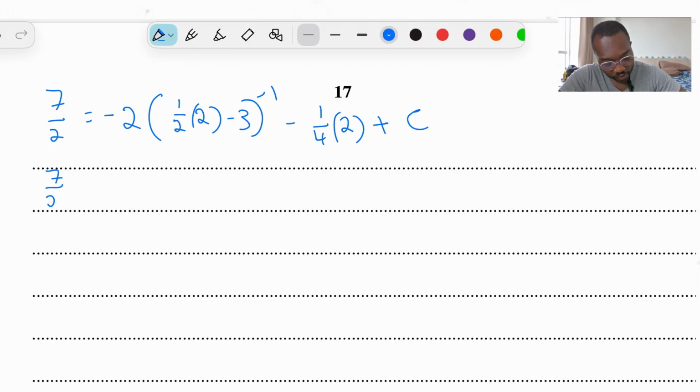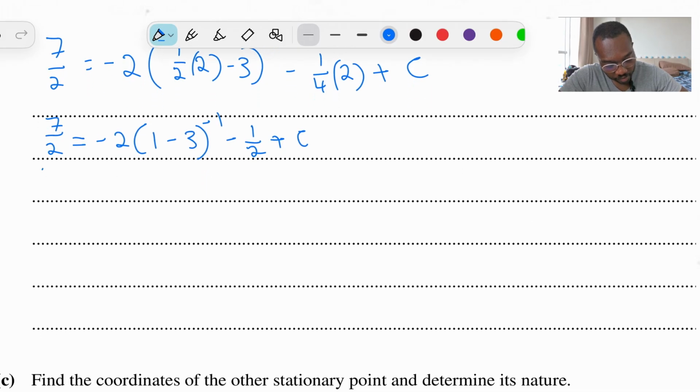So we get 7 over 2. Then that would be minus 2, and then that would be 1 minus 3 to the minus 1. And then we get minus a half plus c. So therefore we get 7 over 2 is going to be minus 2, then we get times 1 minus 3, which is minus 2 to the minus 1. Let's do it in one go.